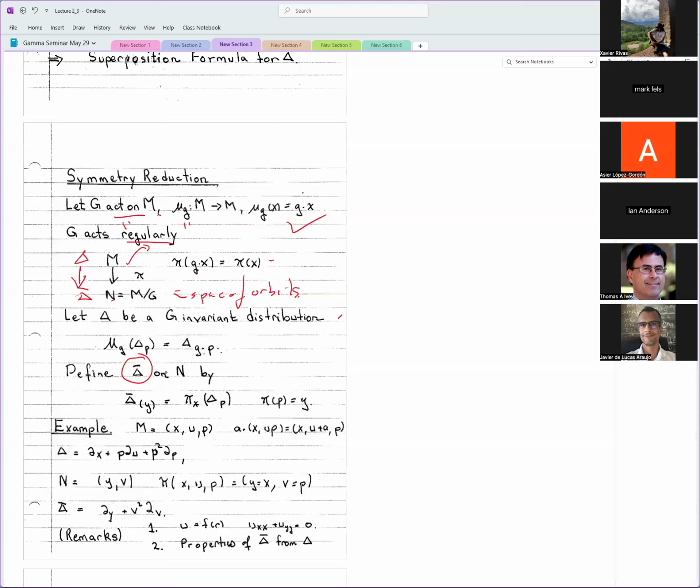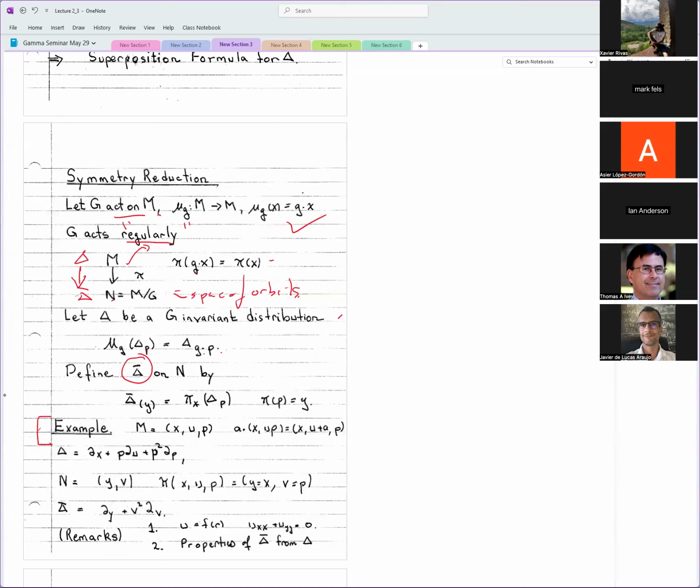Well, you have to use the G invariance here. How do I do this push forward? I take a point downstairs, I pick a point upstairs which projects to it, and push forward the distribution at that point. What happens if I pick a different point? Will that be related to my first one by a group element? And so it all works out that this is a well-defined distribution downstairs.